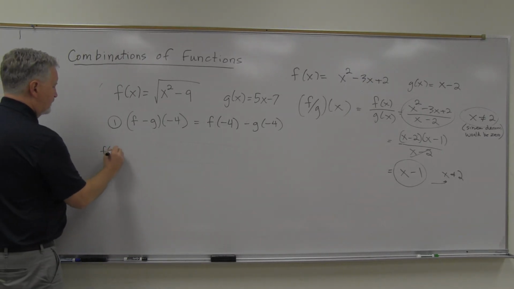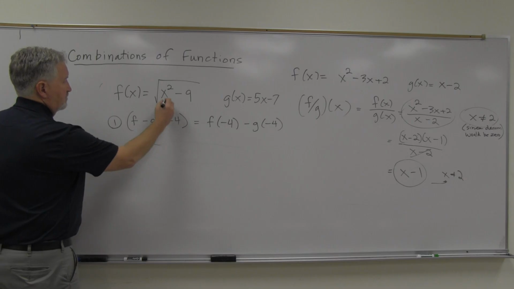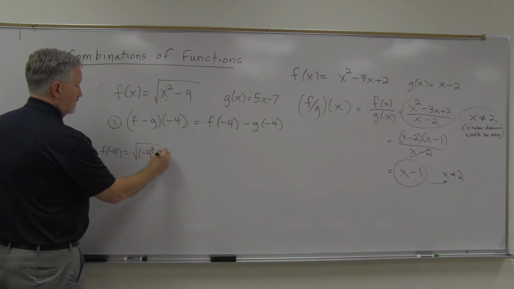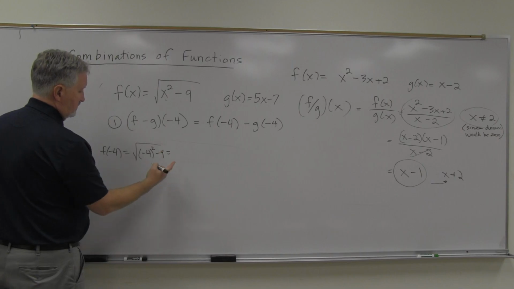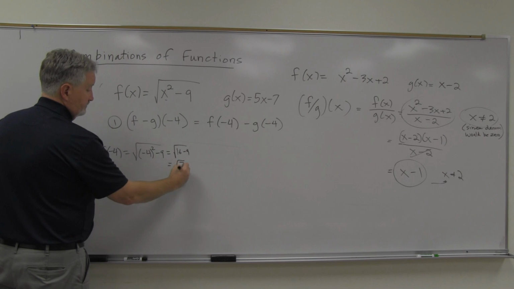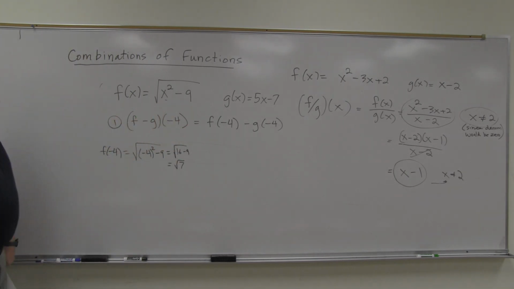So f of -4 is, just plug in -4 there. You get 16, square root of 16 minus 9, that's going to be square root of 7. And unless they say round it, I'd probably just leave it square root of 7.